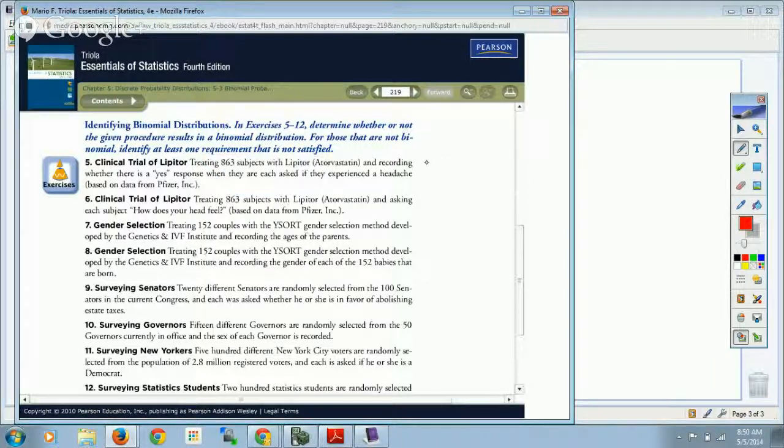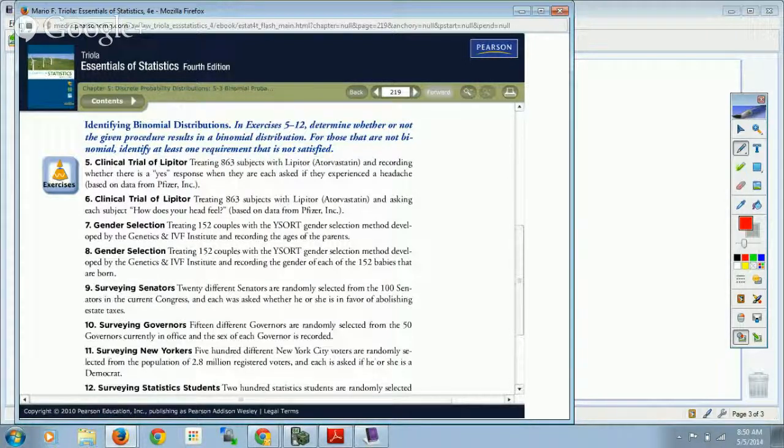Let's try another one. How about New Yorkers? 500 different New York City voters are randomly selected from the population of registered voters and asked if he or she is a Democrat. Okay, so Democrat's a success, and we know the probability roughly of being a Democrat in New York City.